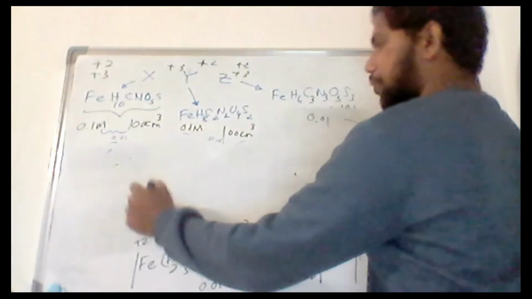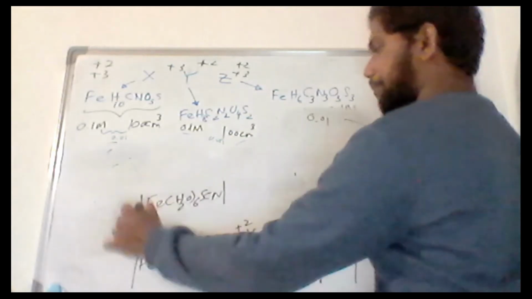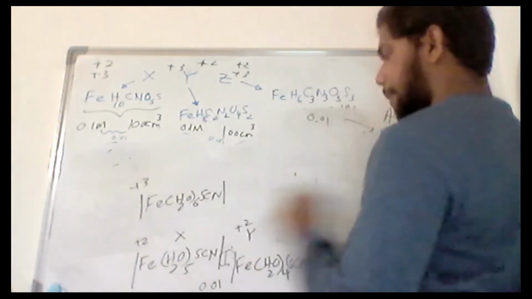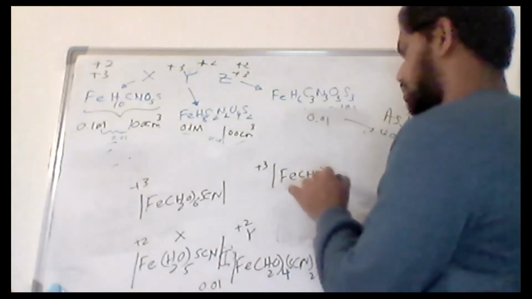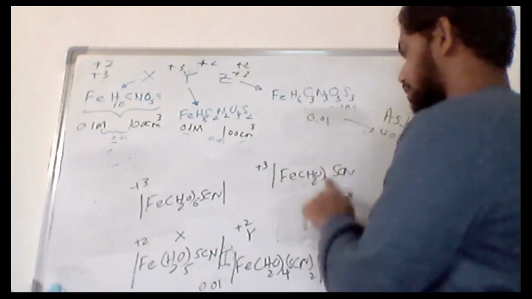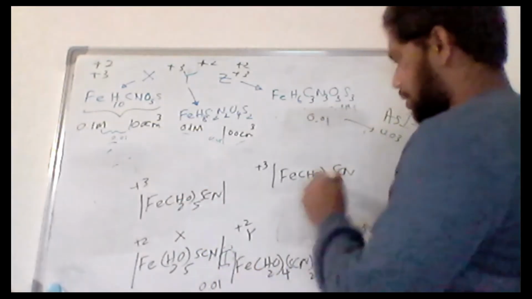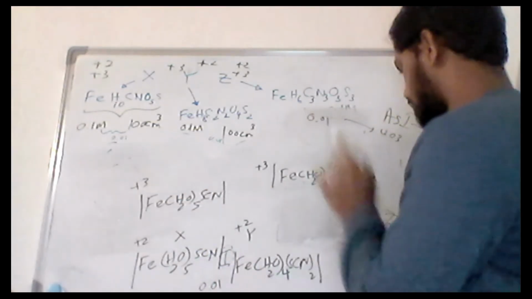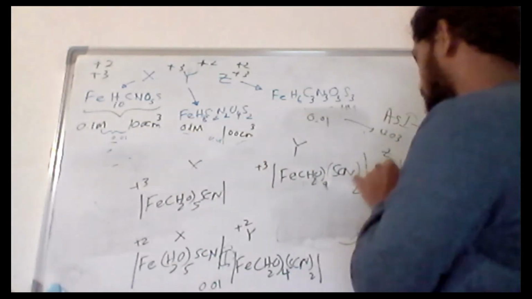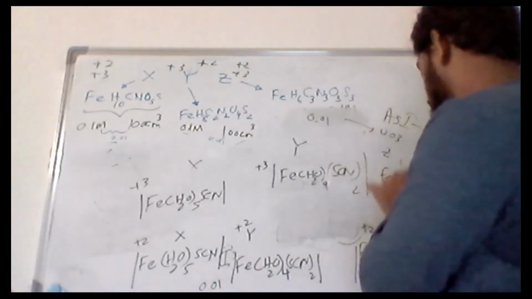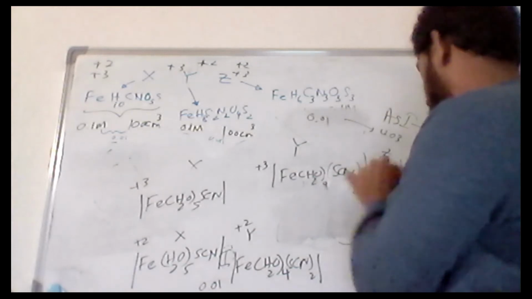And in the same way, if you try to combine like this, if this is plus 3, FeH2O5 here, H2O4 here, SCN2 here, and this is X, this is Y, and this is Z. FeH2O3 SCN thrice.